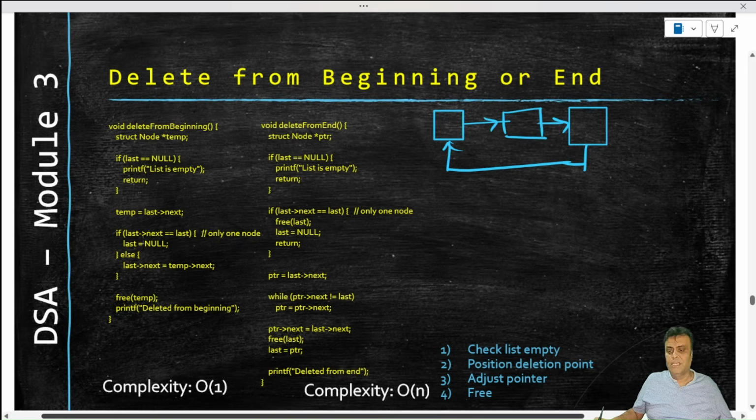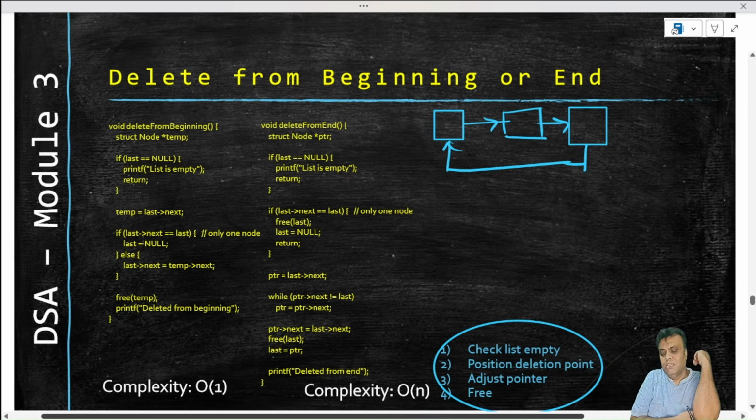Now all we are saying is that there are these, this is the checklist basically. And what we have to do is, first we'll have to check the list is empty, then we'll have to position the deletion point and all of that. So let's go through that. First, check the list is empty, because you're deleting it. Of course, you have to check whether the list is empty. So that is your first point, right?